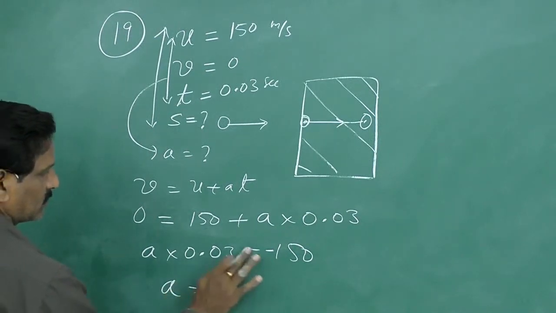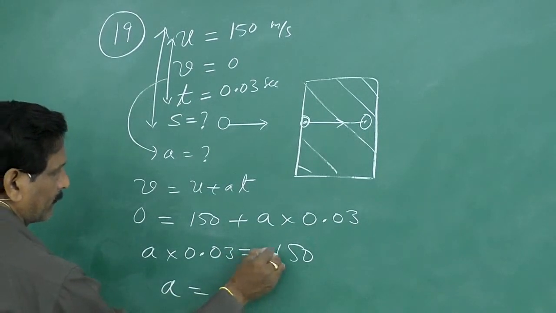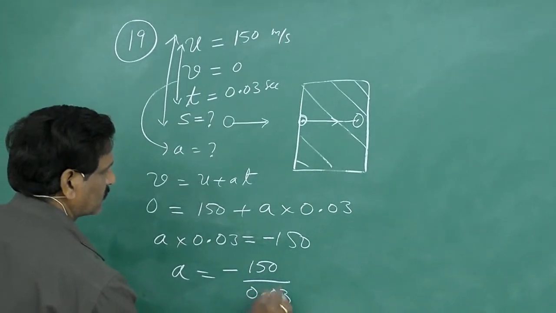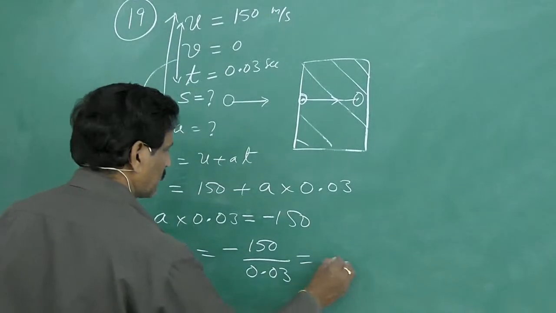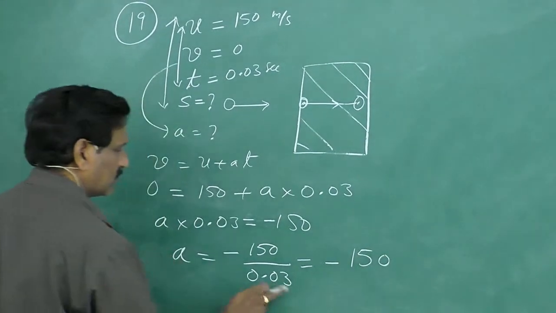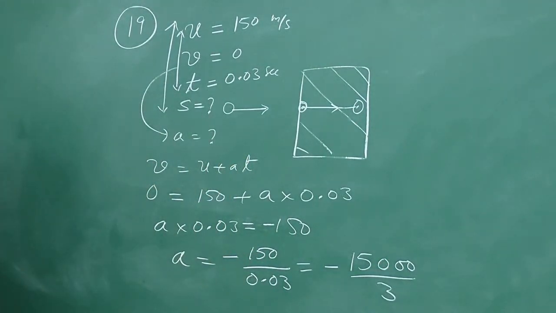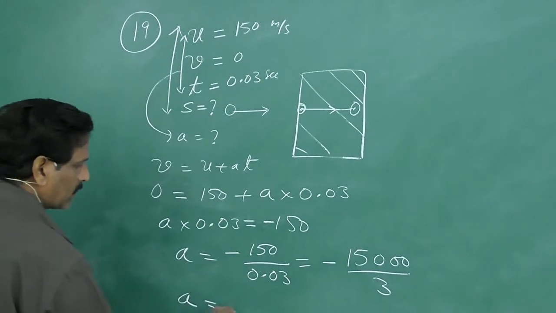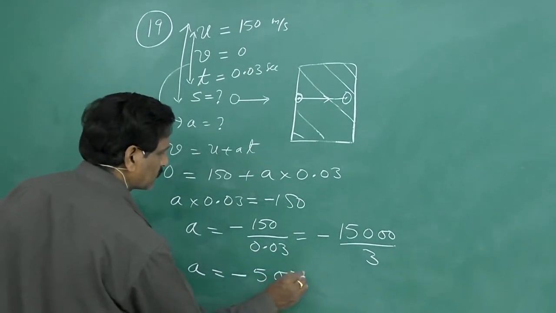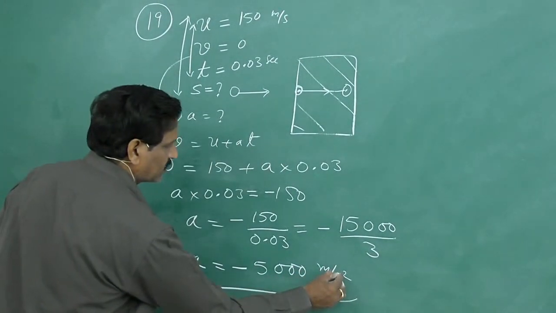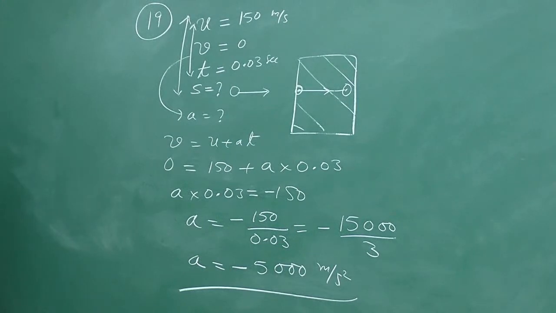Then A is equal to minus 150 divided by 0.03, which is minus 150, 2 zeros by 3. So A is equal to minus 5000 meter per second square. This is the retardation produced in the bullet when it is penetrating through the wooden block.